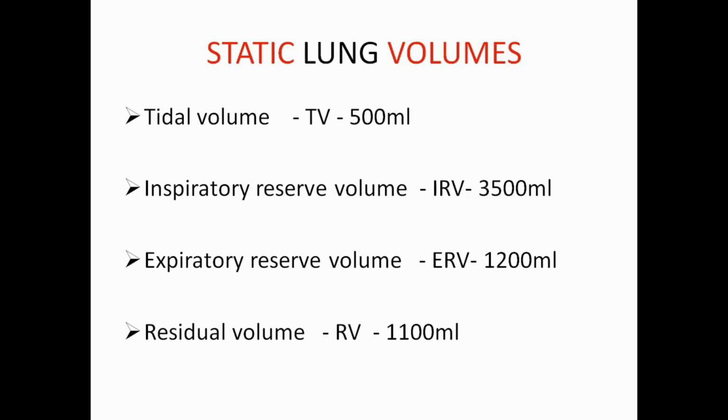The last type, the residual volume, abbreviated as RV, has a normal value of 1.1 liters or 1100 ml. When you check various physiology textbooks, Guyton might have normal values different from the textbook of Ganong. The values may vary depending on the books you are referring to.